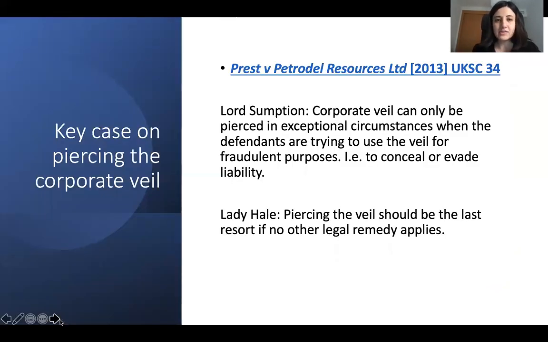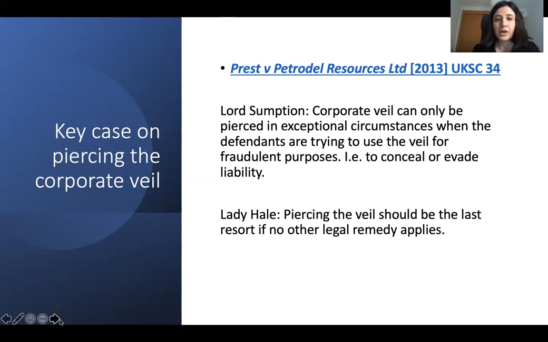The main case is Prest versus Petrodel. In this case, Lord Sumption and Lady Hale explained this doctrine of piercing the corporate veil in more detail, and they identified the specific circumstances in which the court may pierce the corporate veil.